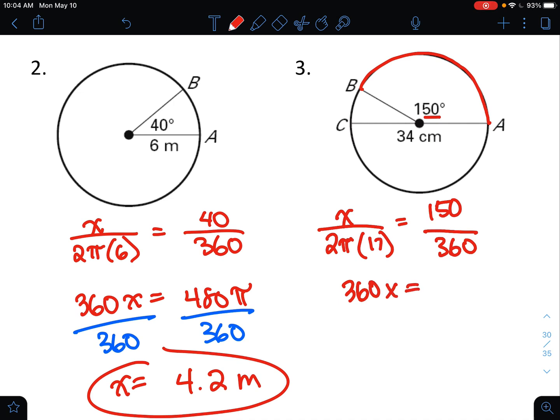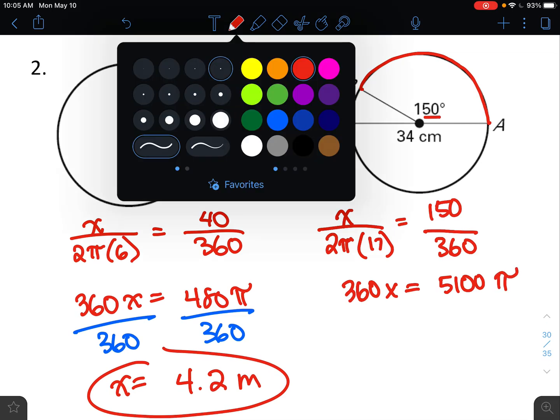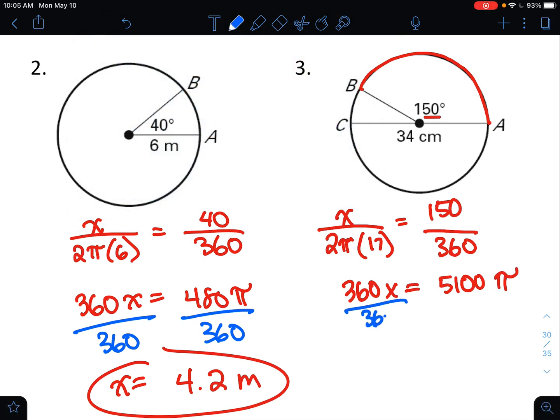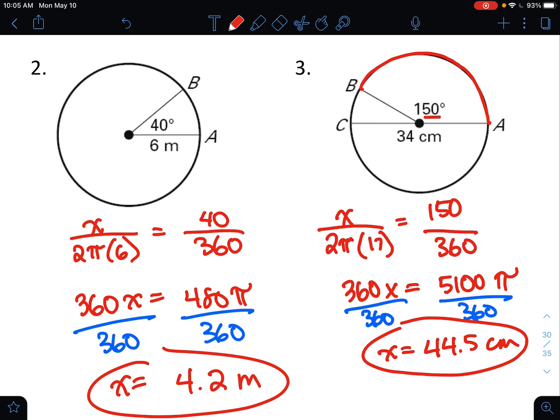Okay, 360x is equal to 2 times 17 times 150, 5,100 pi, and then divide by 360. Rounded to the nearest tenth again, I'm getting approximately 44.5, and it looks like it is centimeters.